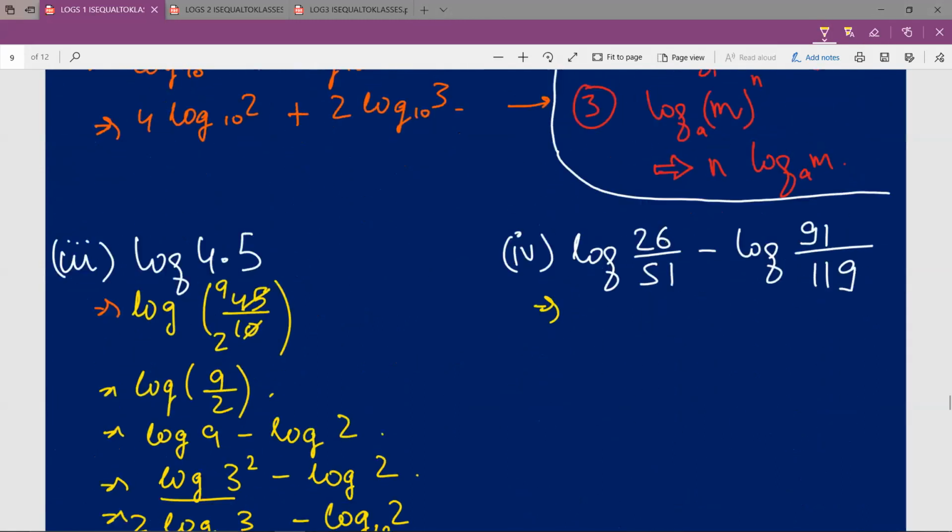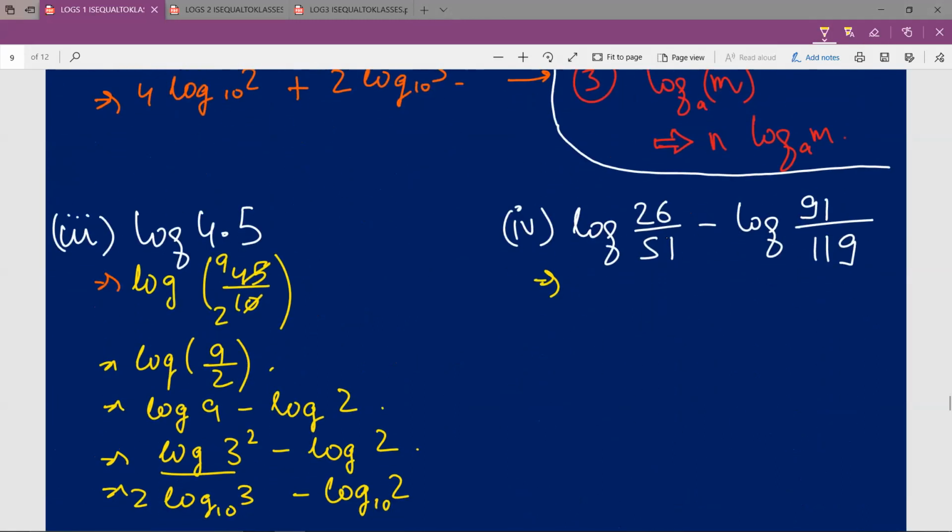Taking the second law, I could write this as log of bracket 26 divided by 51 whole divided by 91 by 119 brackets.